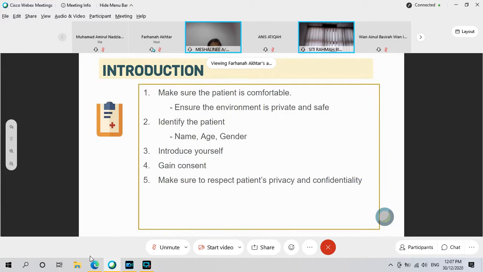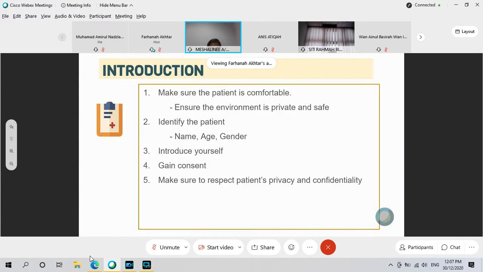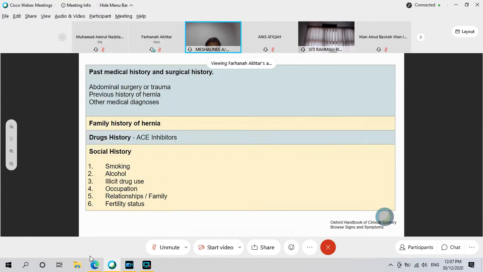But basically, that was covered earlier, the risk factors and so on. You want to gain consent and get the history from the patient. I'll just proceed straight to the complications then, Doctor.